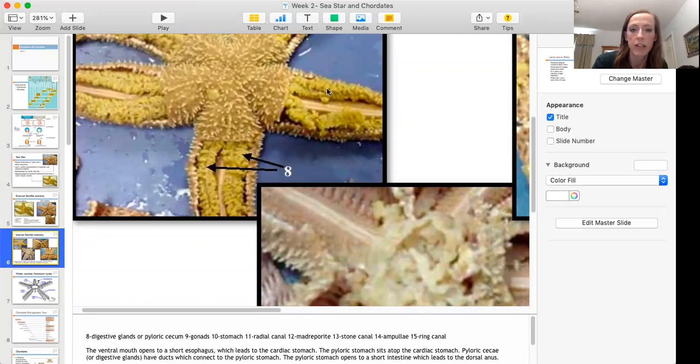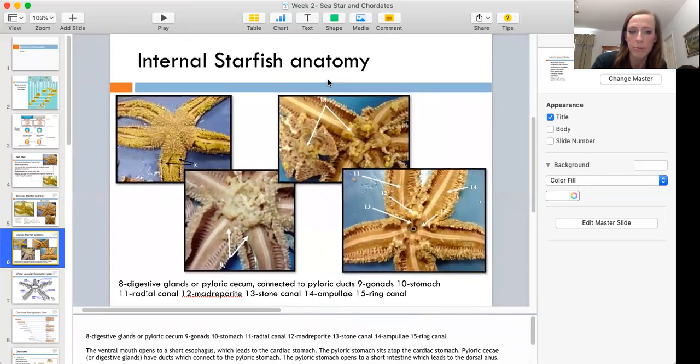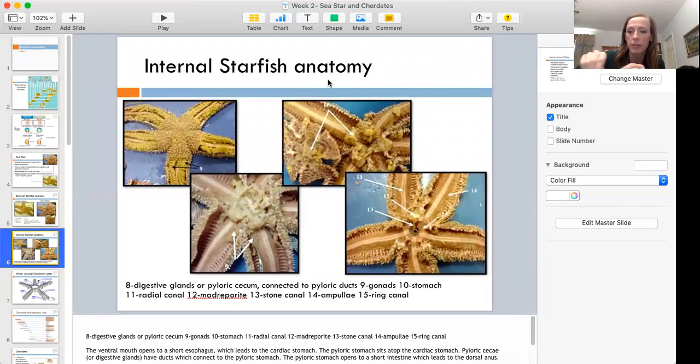Those are the digestive glands, and they kind of look like bunches of grapes. If you use your tweezers or a probe when you're working with a dissection, you can lift them out and you'll see that it kind of looks like a bunch of grapes, right? That would obviously not be purple, but they're a palish yellow color. But in structure, morphologically, they kind of look like a bunch of grapes. These are the digestive glands. They help with chemical digestion for the sea star.